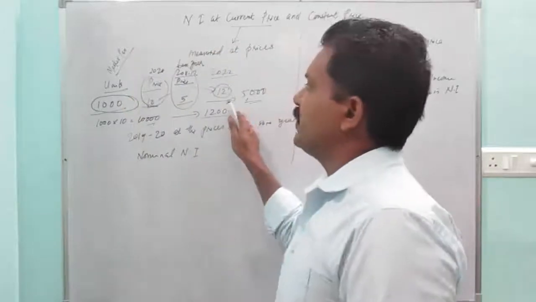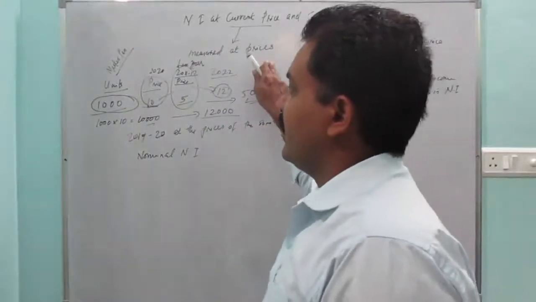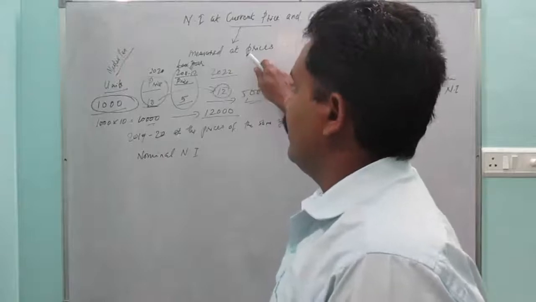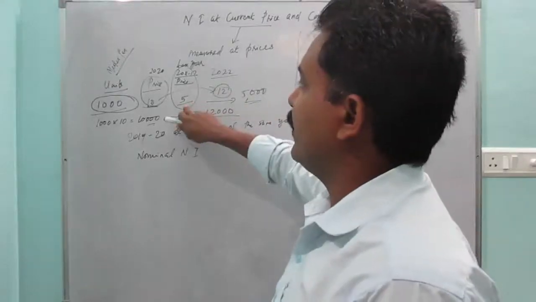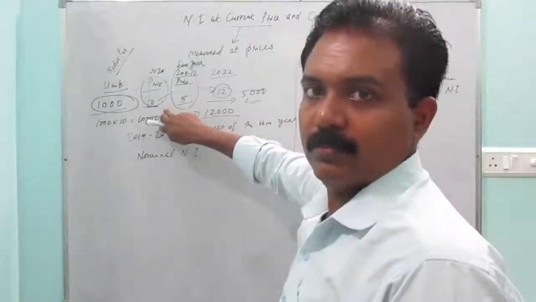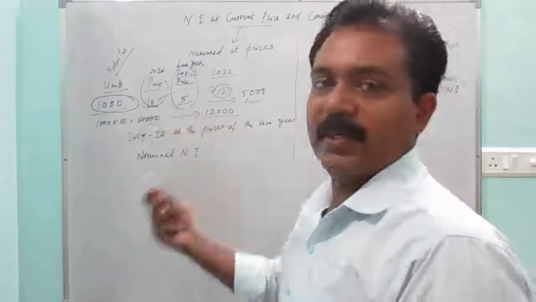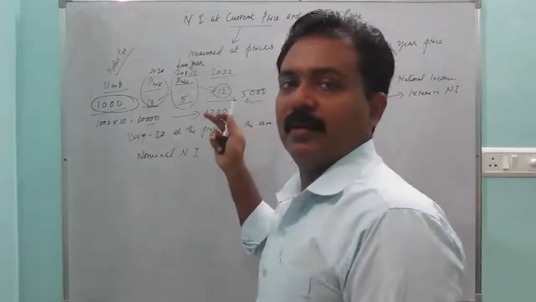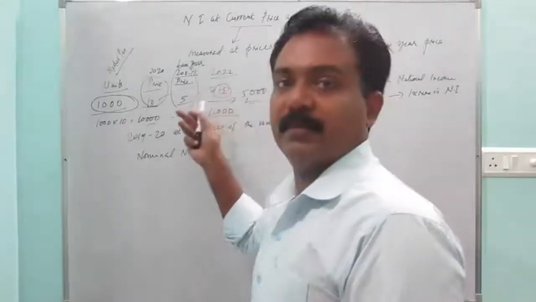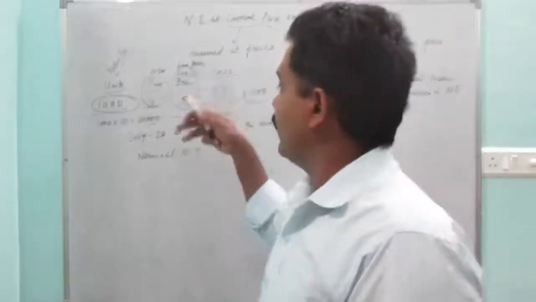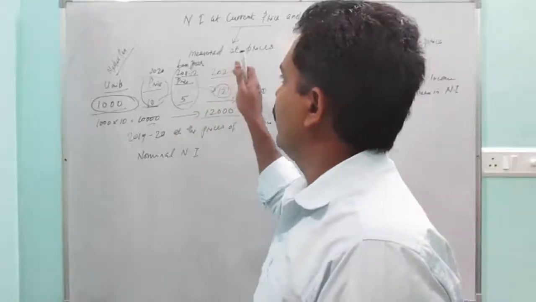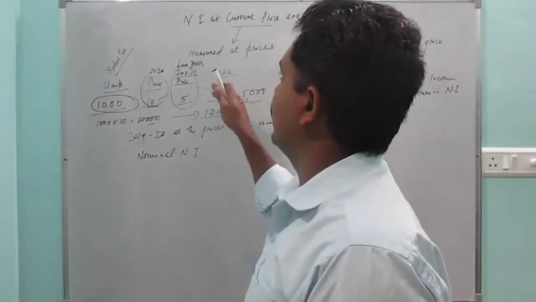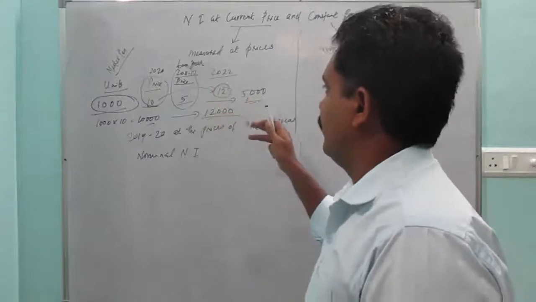By chance, think that the price of this commodity went to 4. Then also misleading, 4,000 it is going to become next year. If increasing to 6, then 6,000 it becomes. So like this, a misleading picture only national income at the current price will give.